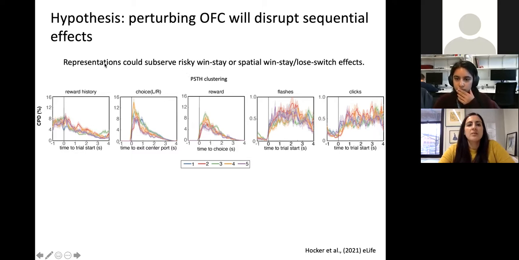Instead, our hypothesis was that these dynamics that occurred after the choice had been made might be important for some of the sequential trial-by-trial learning effects that we observed. And so our hypothesis was that these representations could either subserve the risky win-stay bias or the spatial win-stay lose-switch effects that we observed. But just looking at the encoding, it wasn't obvious which one, right?